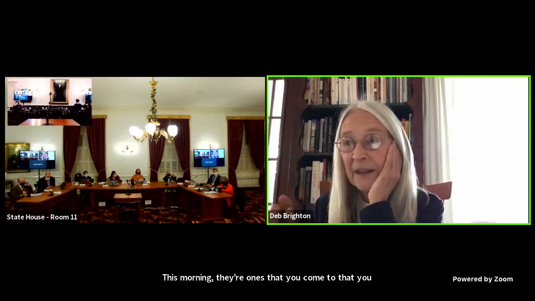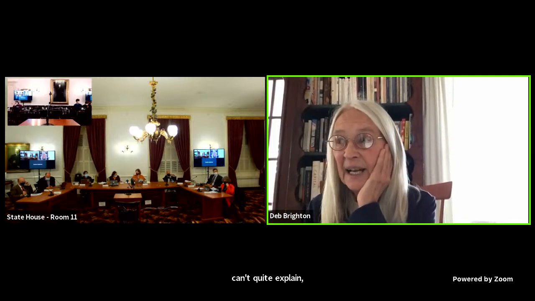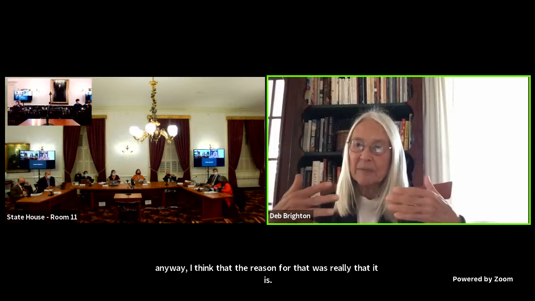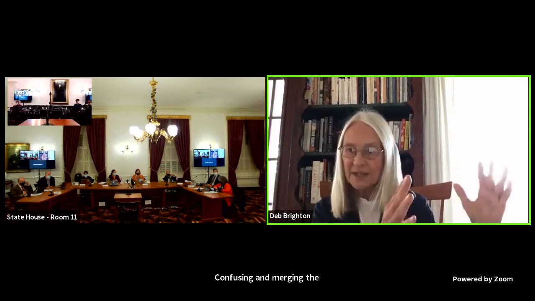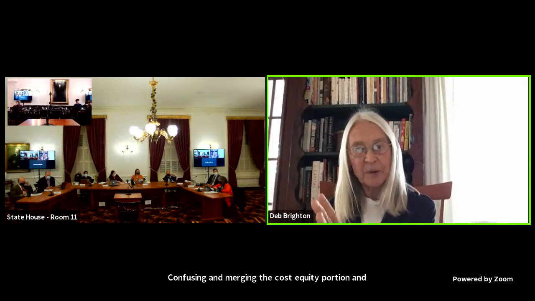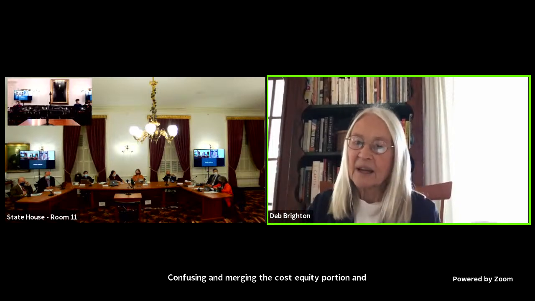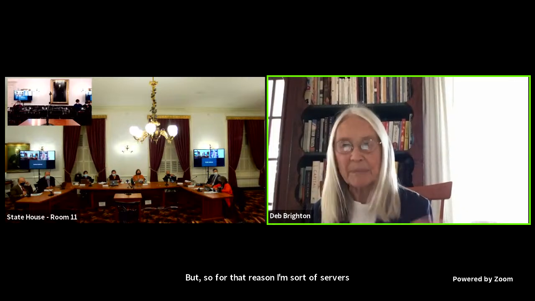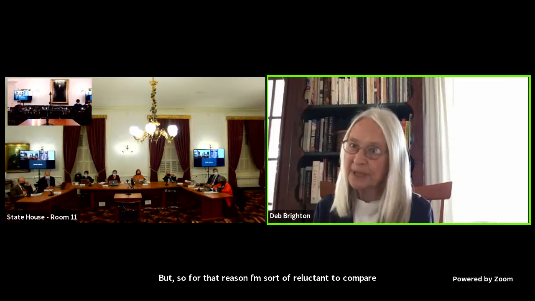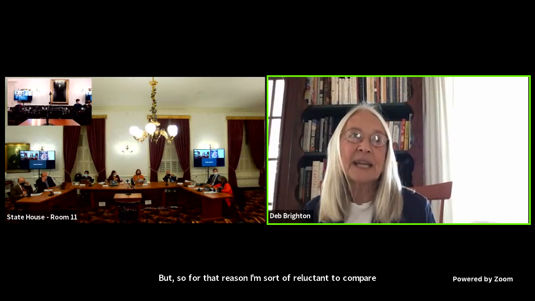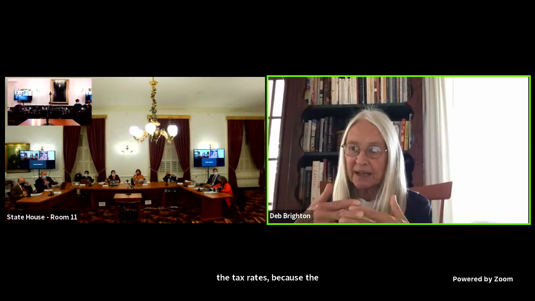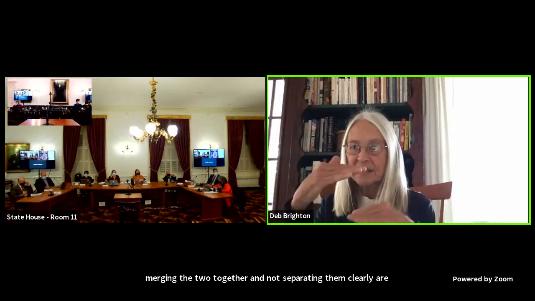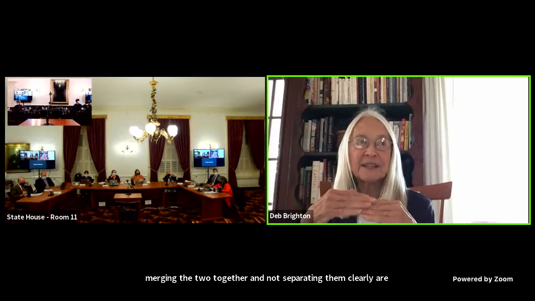But anyway, I think the reason for that is really that it is confusing, merging the cost equity portion and the tax equity portion. So for that reason, I'm reluctant to compare the tax rates, because the tax rates you get from mushing the two together and not separating them clearly are less extreme.